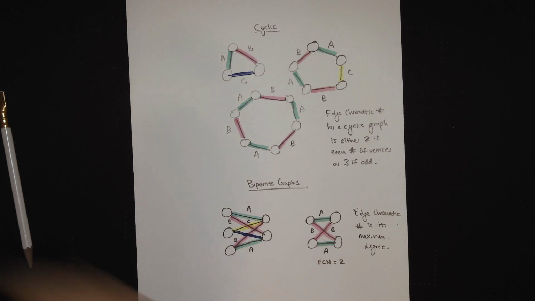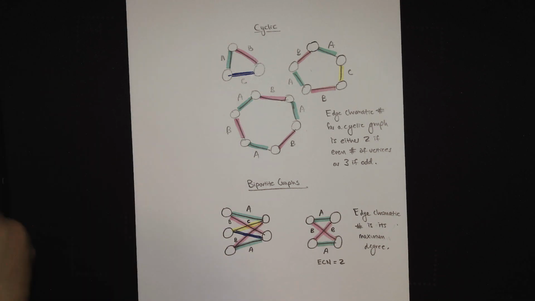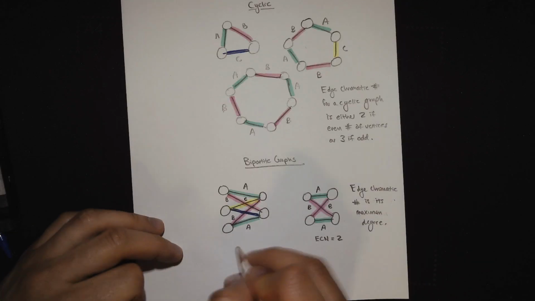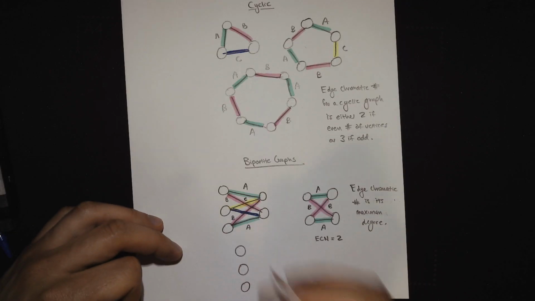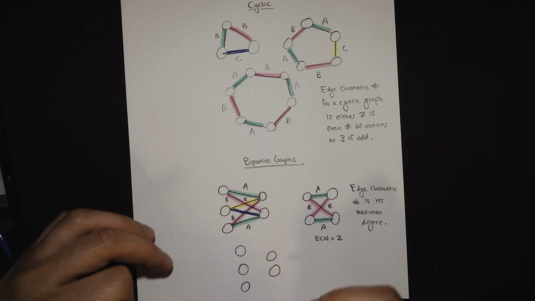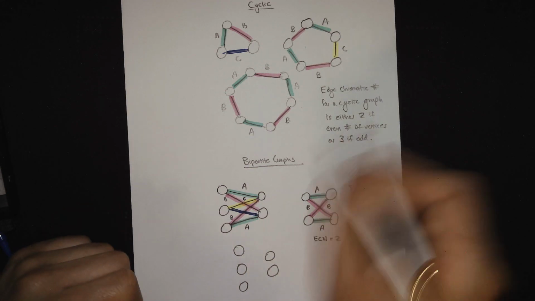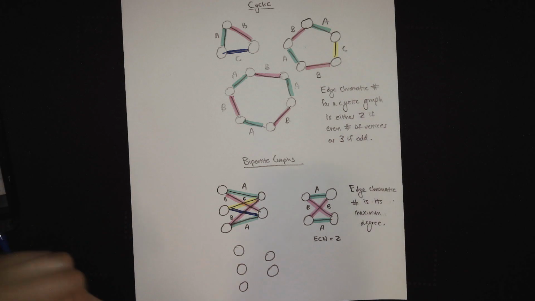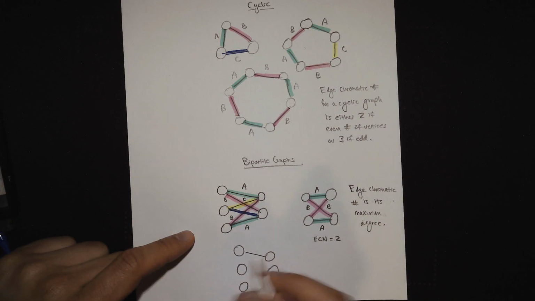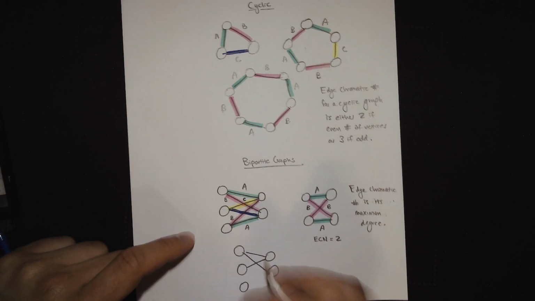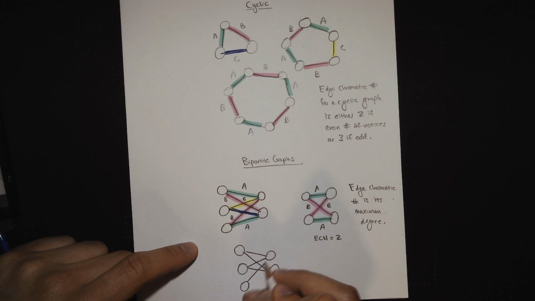So as you can see, it can be a tricky process, finding an optimal edge coloring, even though we know how many colors we need to use. It's one of 2 things, based on the maximum degree of the graph.